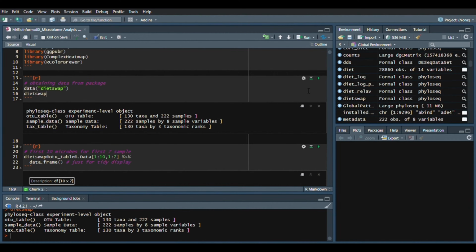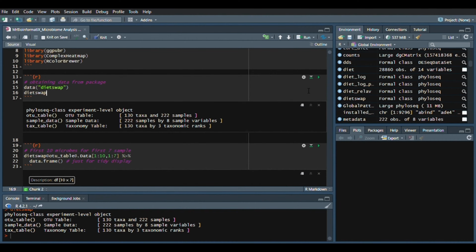The number in each column indicates the total count for each species for each sampling. There are 130 species that may be present in the sample. Now let's inspect the first 10 microbes, OTUs, for the first 7 samples in the dataset.